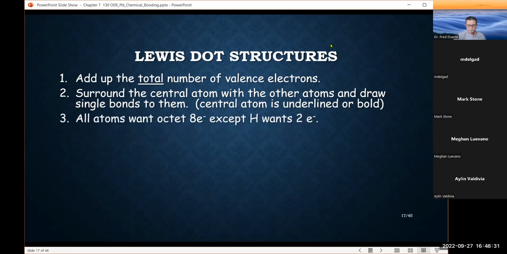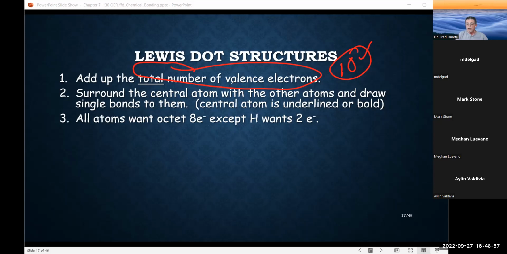Now, the important part about the total number of valence electrons, if, for example, you end up with 10 valence electrons, then that is a number etched in stone. That is what you got to work with. You cannot magically just take out 2 or add 2 as needed, okay? Because that number came from the atoms that are involved in the structure.